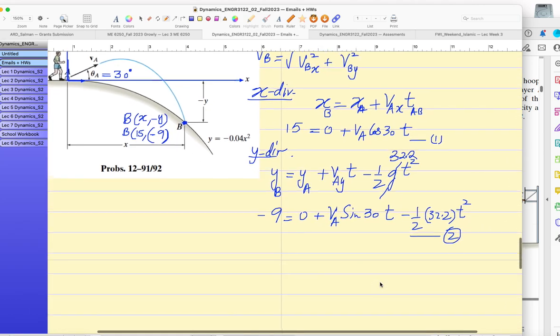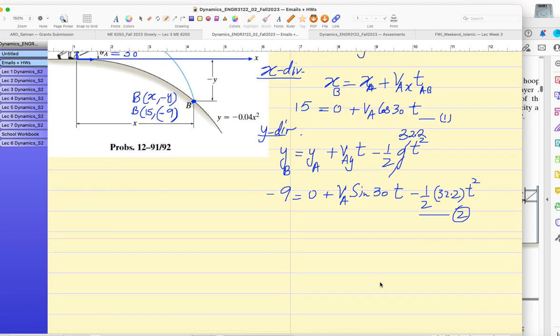So when you have two equations and two unknowns, what I would suggest is you plug in time from there into this equation. Replace time from here, I would say 15 divided by VA cosine 30. That way you will plug in time over here, and you will have one variable in equation 2 and one unknown.